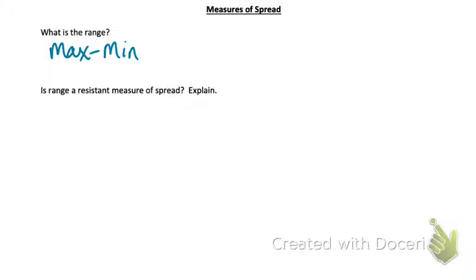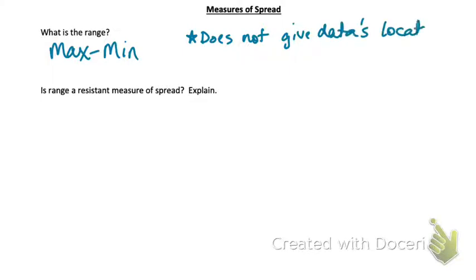Now, the thing about range, and I think we talked about this before, is that it does not give the data's location. So range is all fine and good to tell me how big of a difference there is between the high and the low, but it doesn't really tell me where. So yeah, there's a difference of 50 in the data. Okay, but we have an infinite number line, so where's this data at?